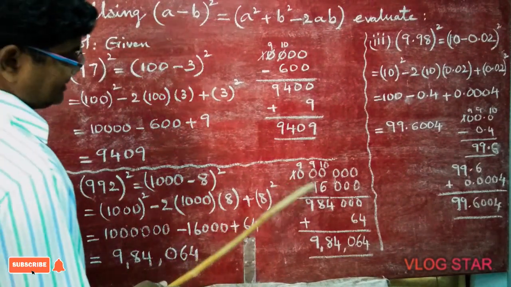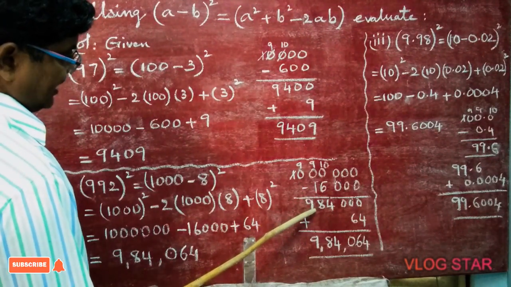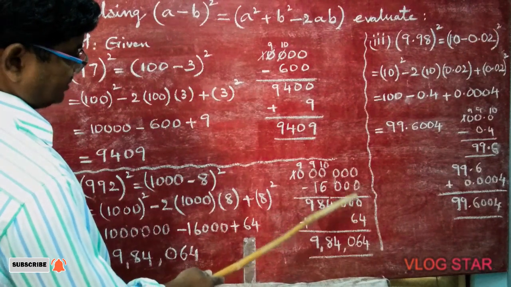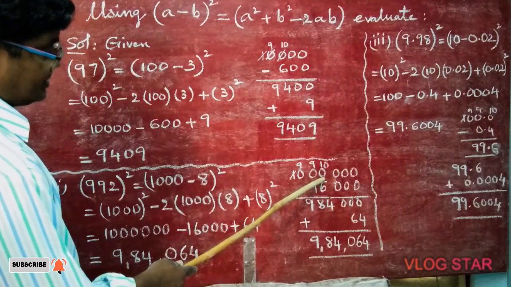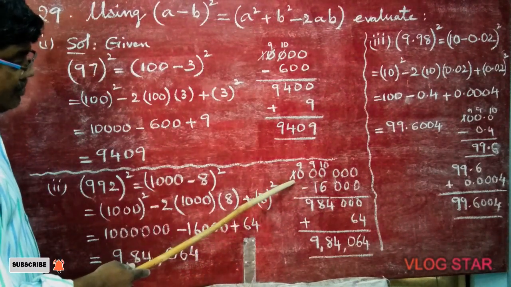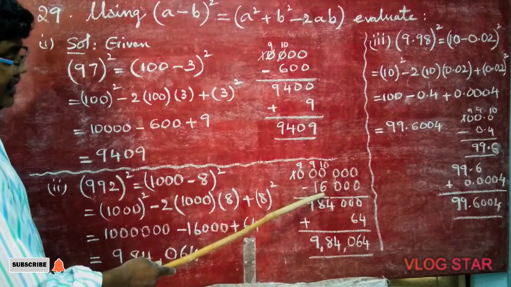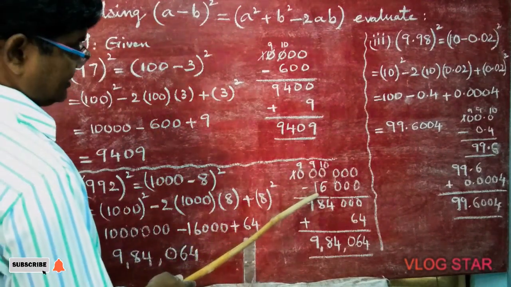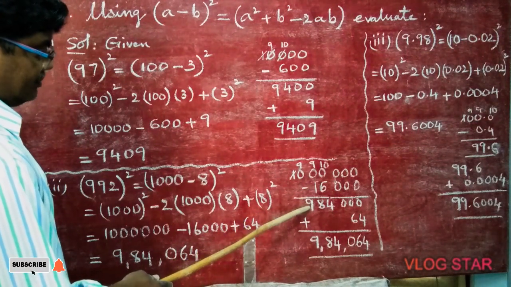Now from 10 lakhs subtract 16,000. How much will you get? 9 lakhs 84,000. 0 minus 0, 0; 0 minus 0, 0; 0 minus 6: here we can't subtract from 0, so you borrow 1 from here. Here 9, 9 and this will be 10. 10 minus 6 is 4. 9 minus 1 is 8. 9, again here no digit is there, 9 will come.